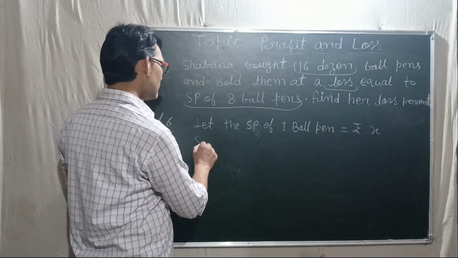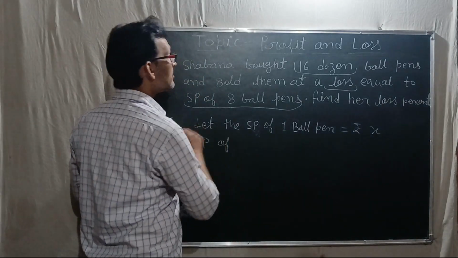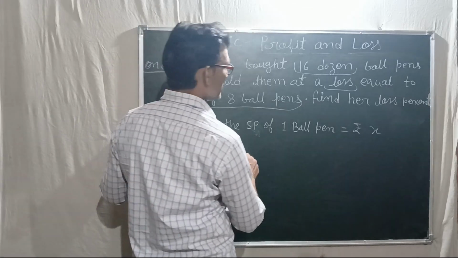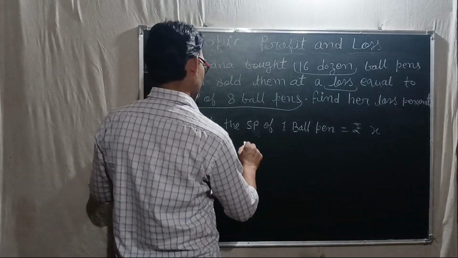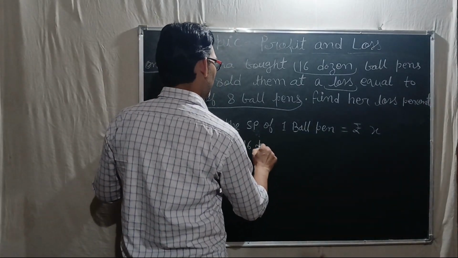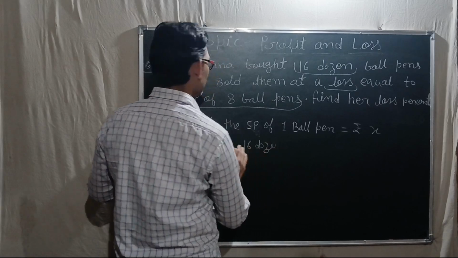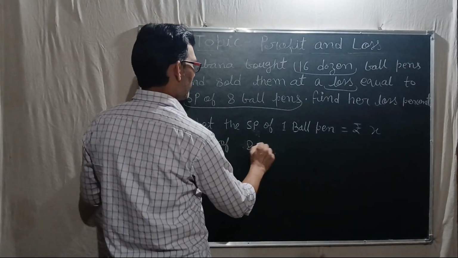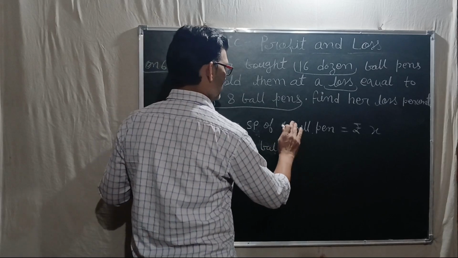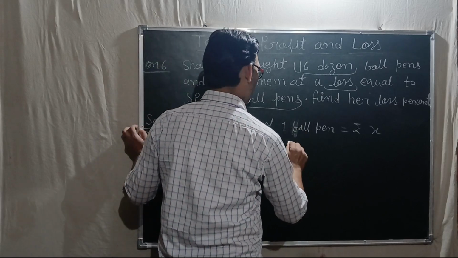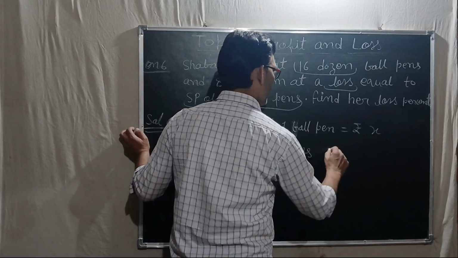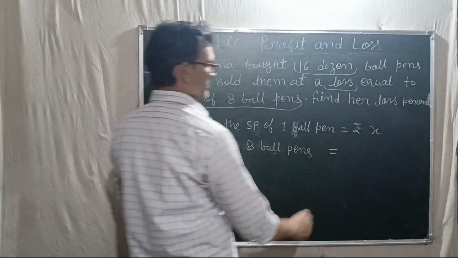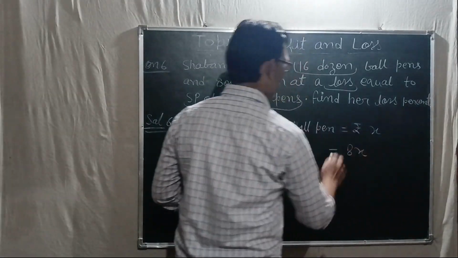First of all we write the SP of 8 ball pens, which is equal to 8x.